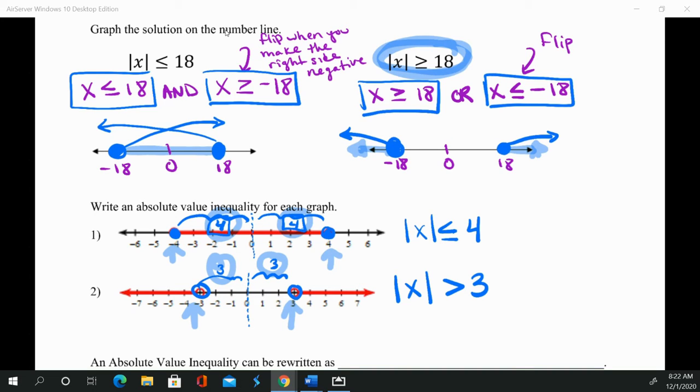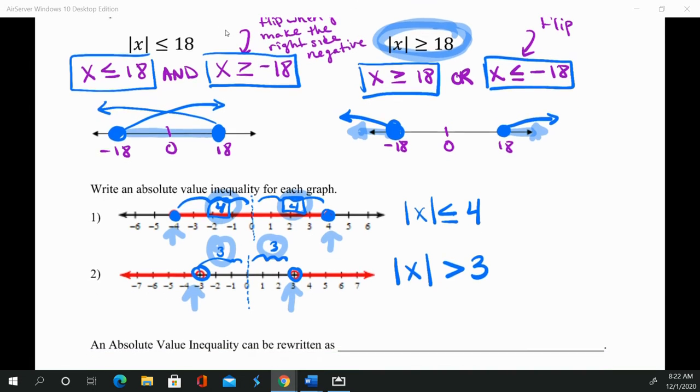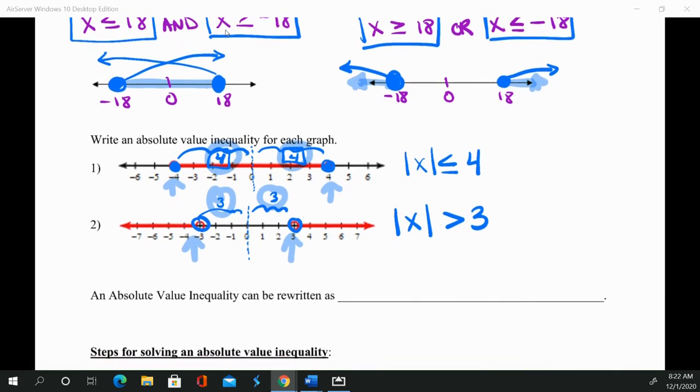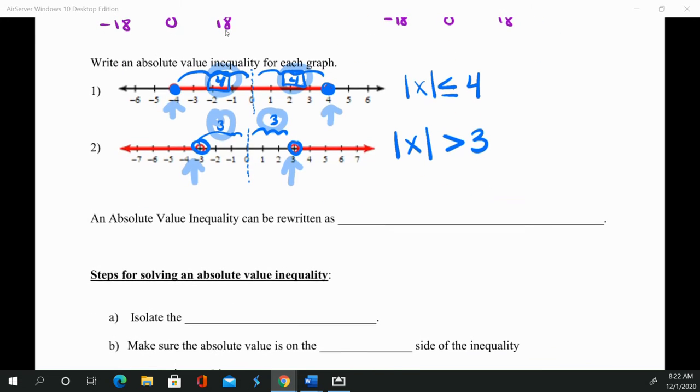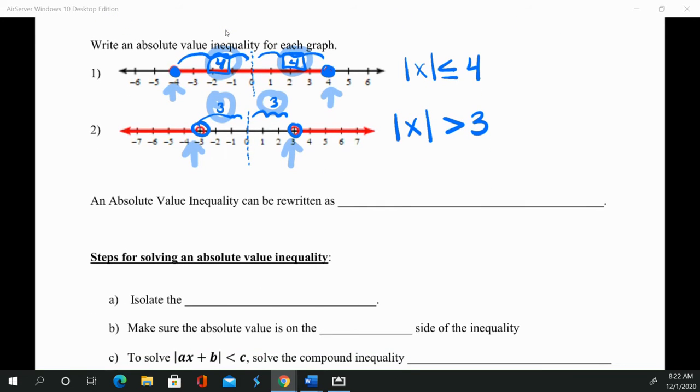Okay, now it's time to introduce some rules, and I think it will help bring it all together. So an absolute value inequality can always be rewritten as a compound inequality.